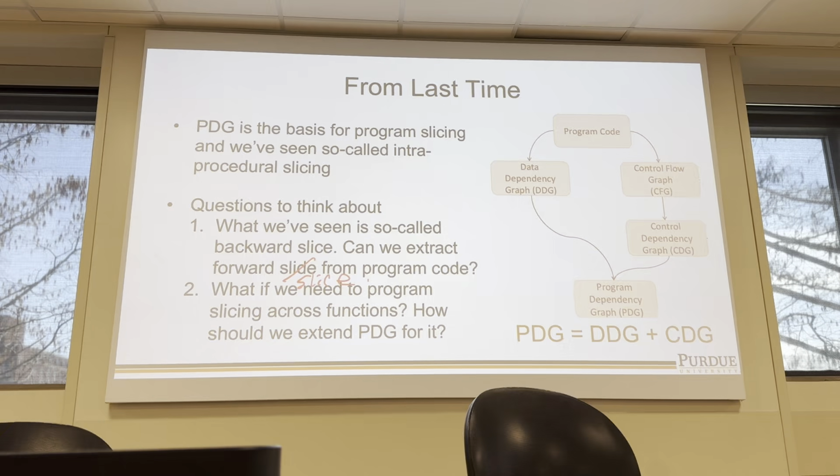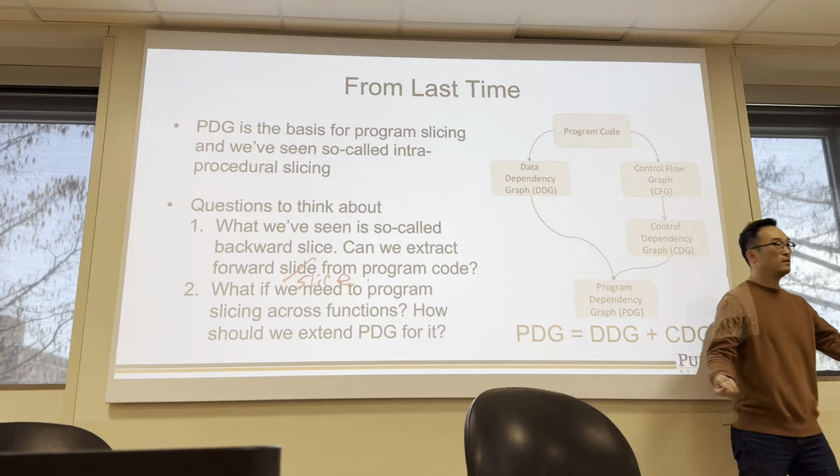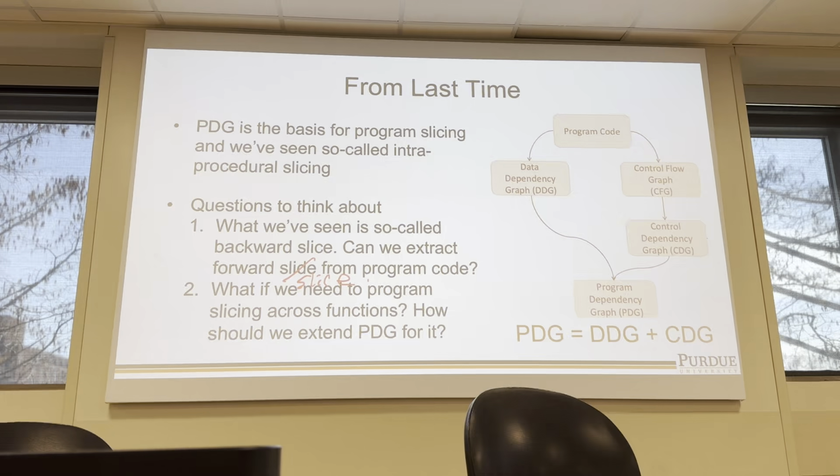Our backward program slicing is technically navigating the program dependence graph backward, by mechanically following the incoming edges. But what if we follow the outgoing edges instead? Maybe that's the way we can get the forward slice. Then what does it mean to have a forward slice? Why do you need such slices? That's something we want to think about in this lecture.